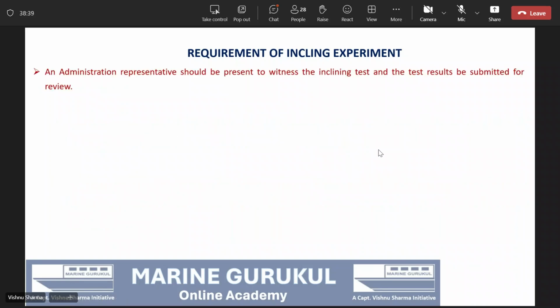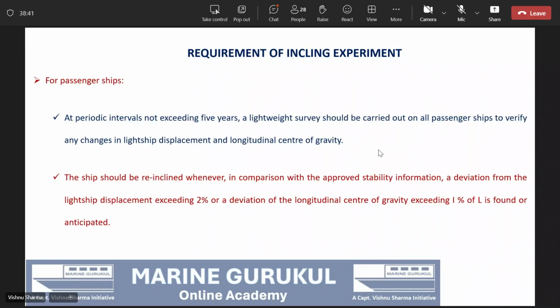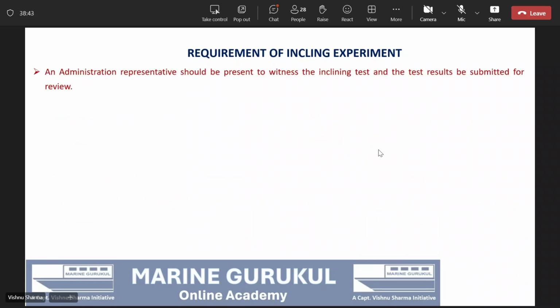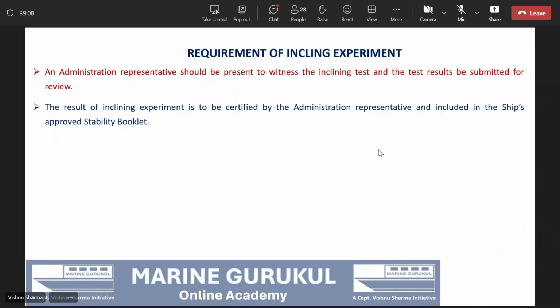Now, since this is a very, very critical experiment, why? Because if KG is wrongly calculated or the light ship is wrongly obtained, then all the calculations based on that will go for a toss. So it has to be conducted in the presence of a surveyor. An administration representative should be present to witness the inclining test, and the test result should be submitted for review, and they will attest the inclining experiment or inclining test report.